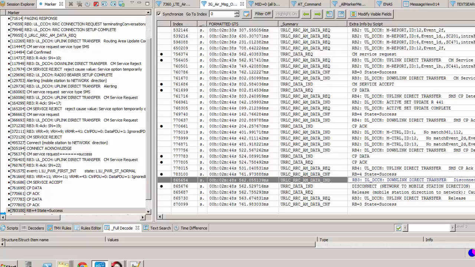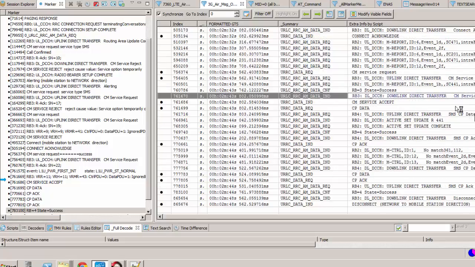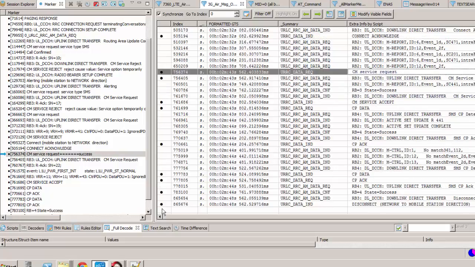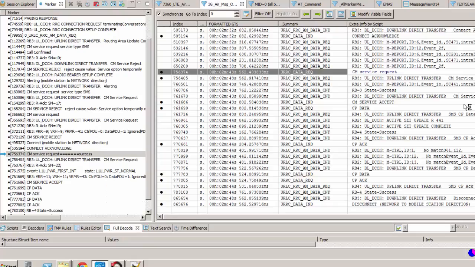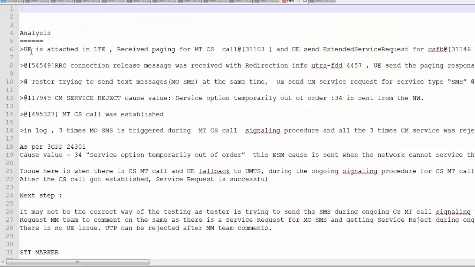So the issue is why the CM service was rejected before. This CM service request is for the short message. When we look at the CM service reject, what is happening here? The UE is attached in LTE first, receiving paging for MTCS.